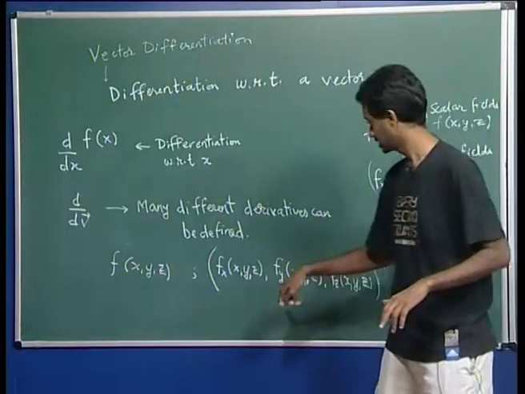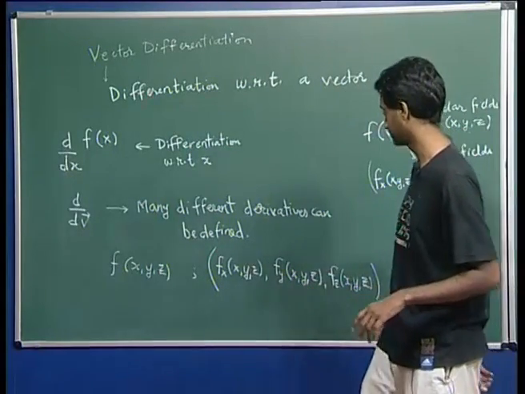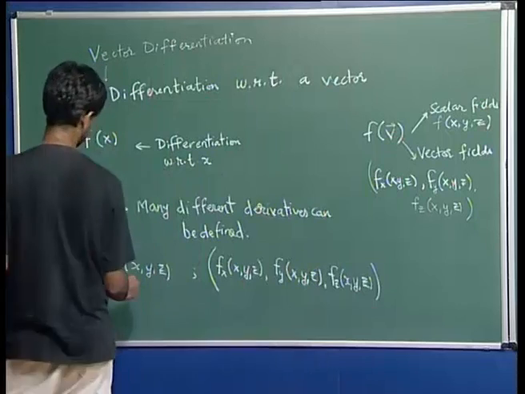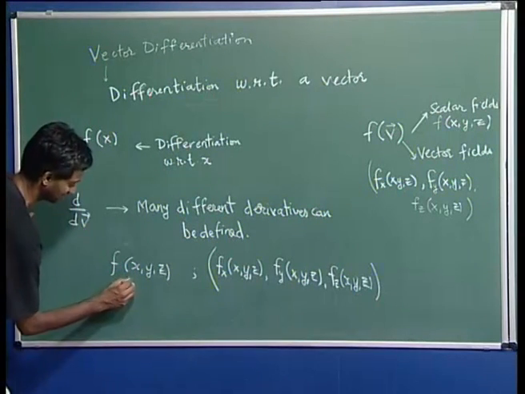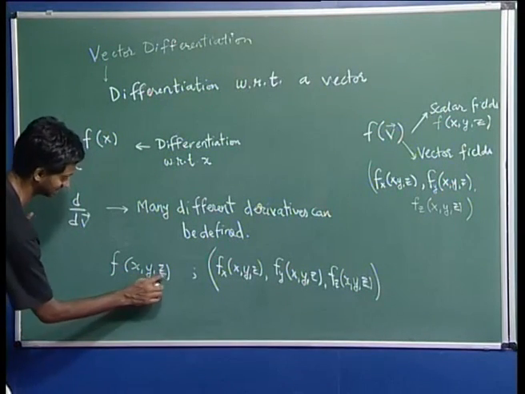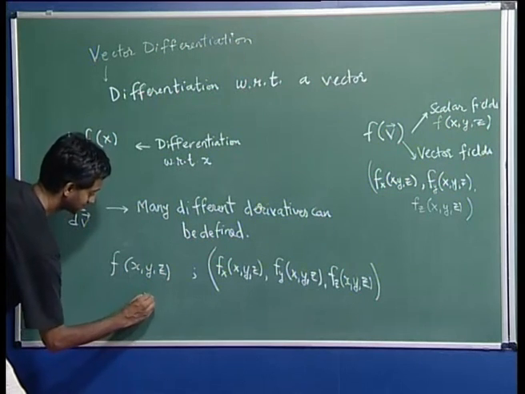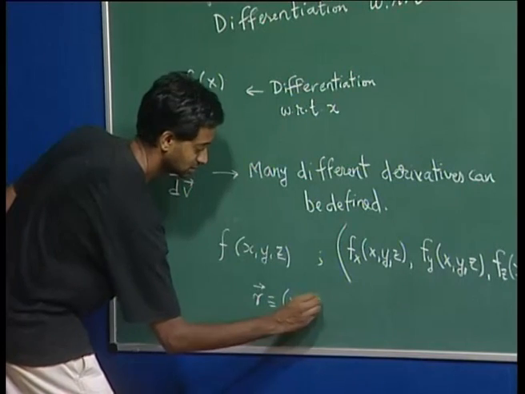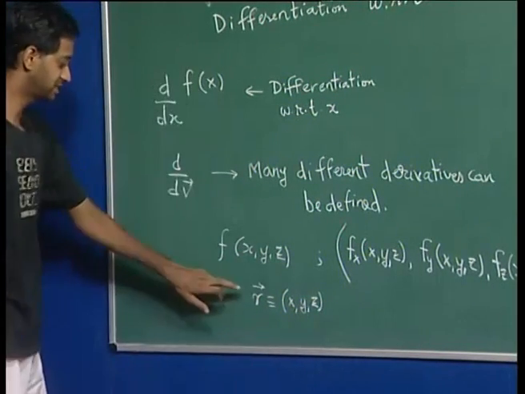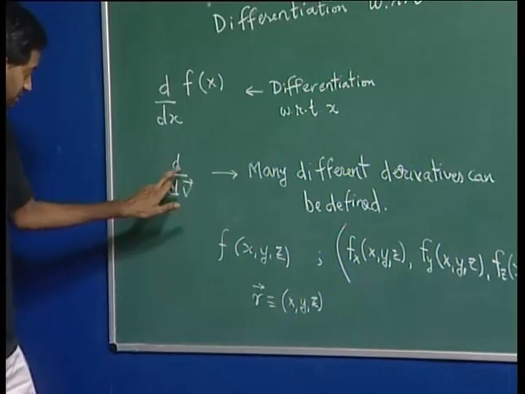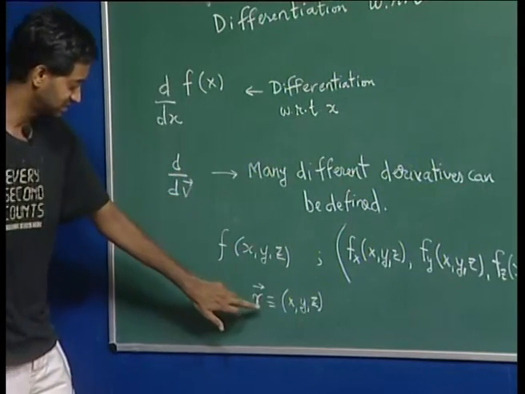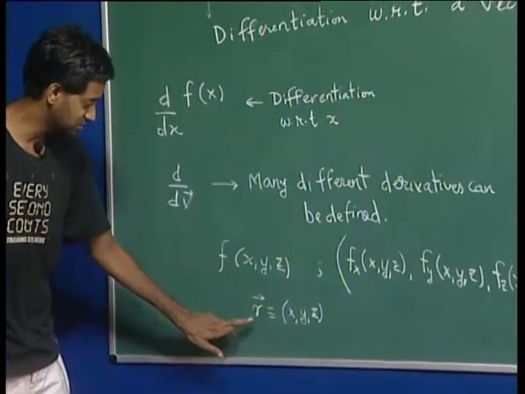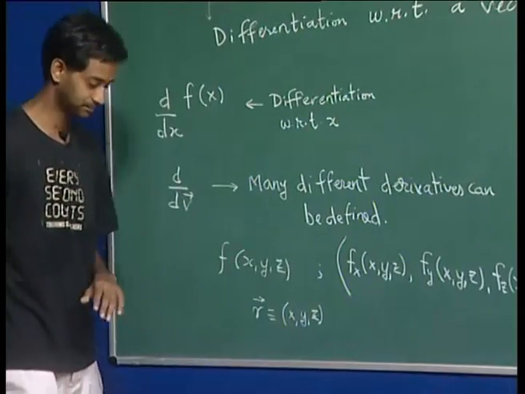So when I say differentiation with respect to a vector, the vector will be that vector that has components x, y, z. So the vector r, which has components x, y, z. So we'll try to differentiate with respect to r. So wherever we have this d by dv, the object with respect to which we are differentiating is r.